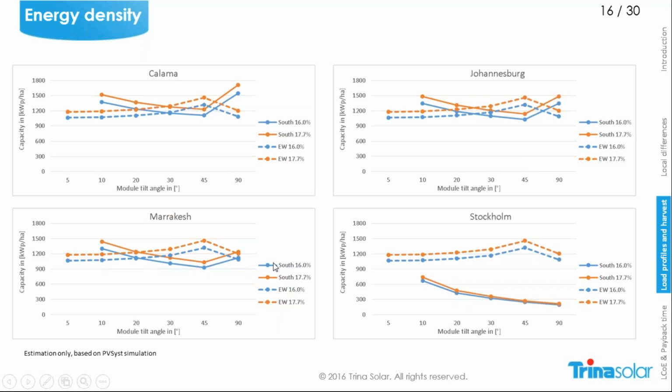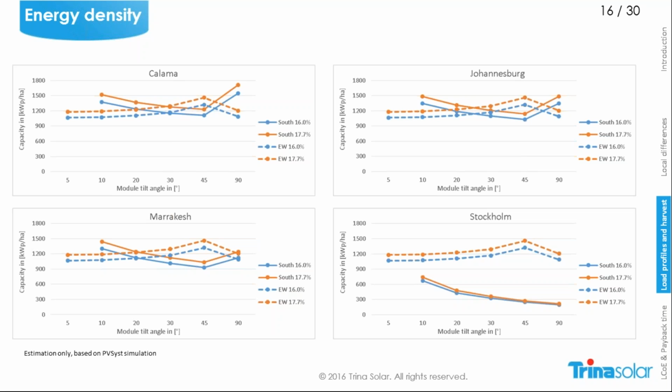And Stockholm, due to the extreme position, is fairly different, especially for the south-orientated system, because the south-orientated system needs to be set at a very high module tilt angle, which means that you need a big distance between the first and, for example, the next row on a commercial building.